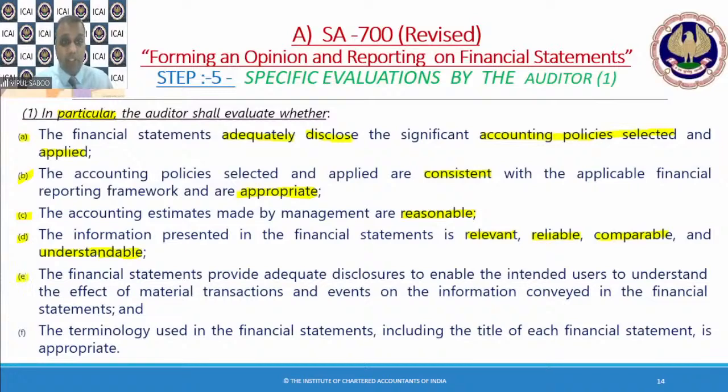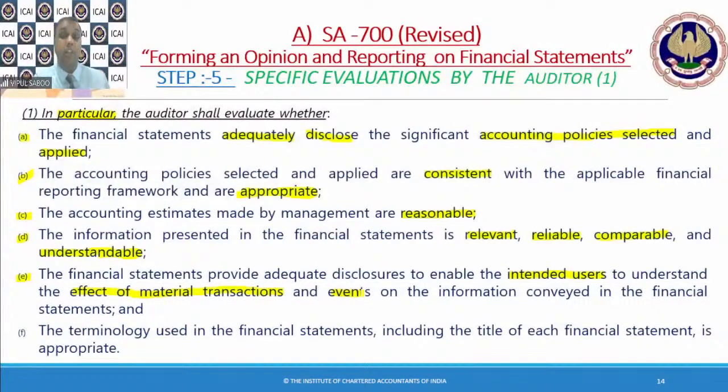The financial statements should provide adequate disclosures to enable the intended users to understand the effect of material transactions and events on the information conveyed in the financial statements. So adequate disclosures. The company bagged a big advertisement contract for the coming year's IPL.